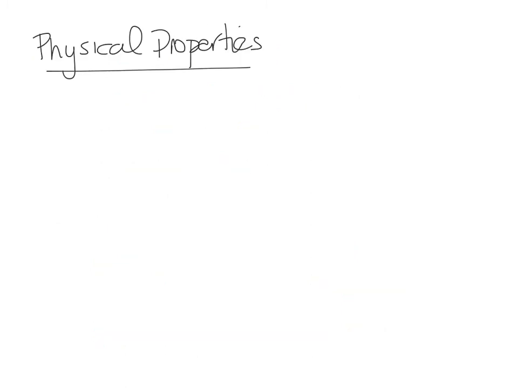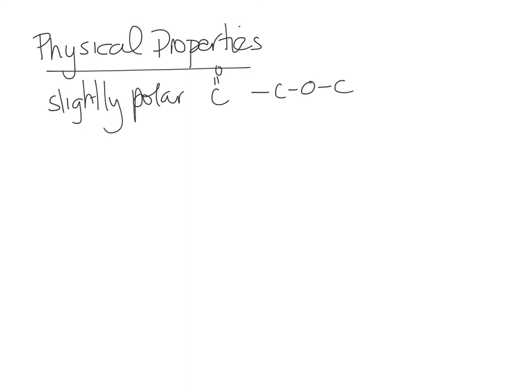Okay, physical properties. They're slightly polar because they have a C double bond O and they have these C-O-C bonds. So it is polar. They will have London dispersion forces and dipole-dipole as their intermolecular forces.